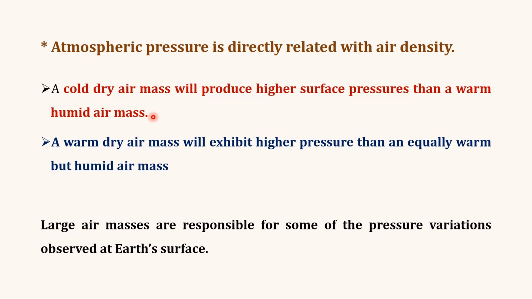Now, if we compare a warm, dry air mass with a warm, humid air mass, the dry one will exhibit higher pressure, because in humid air the density will decrease, which will result in a decrease of atmospheric pressure. Thus, large air masses are responsible for some of the pressure variations observed at the Earth's surface.